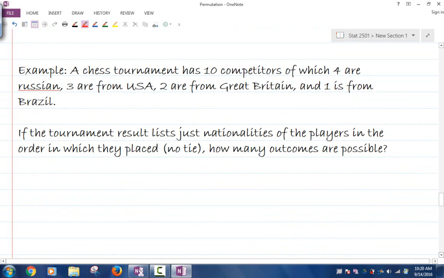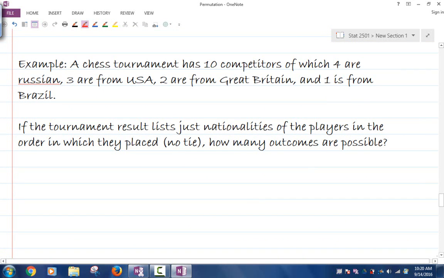Okay, so let's do this example here. It's a chess tournament that has 10 competitors, of which 4 are Russian, 3 are from USA, 2 are from Great Britain, and 1 is from Brazil.